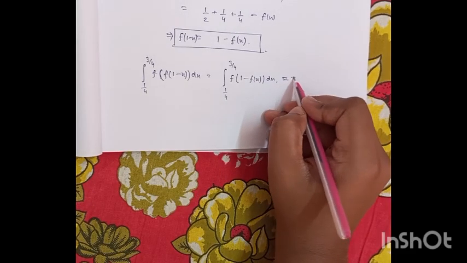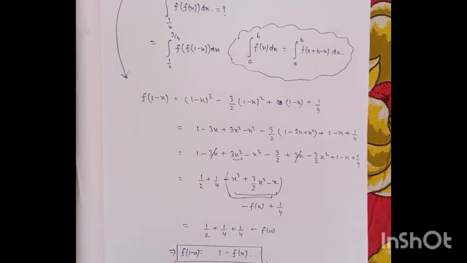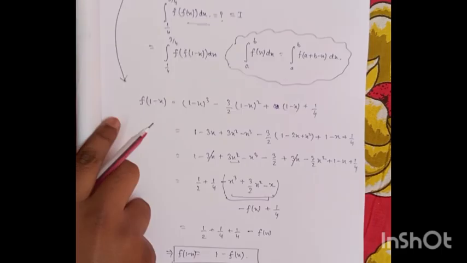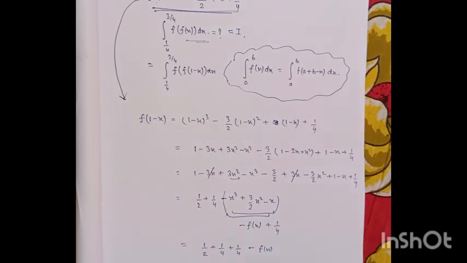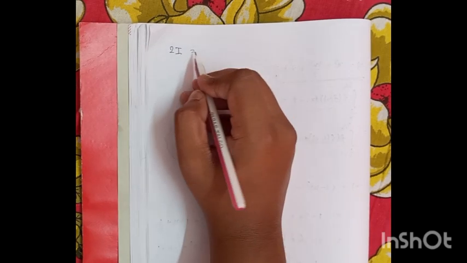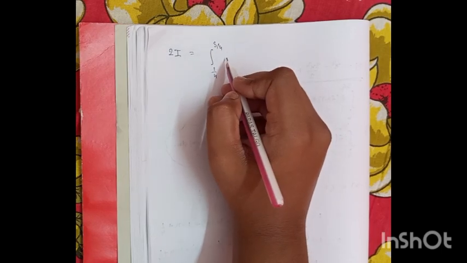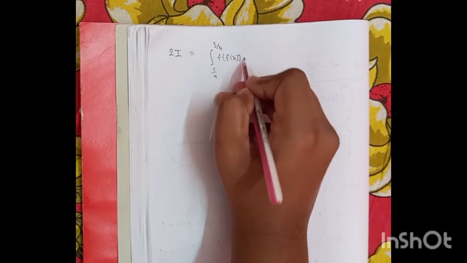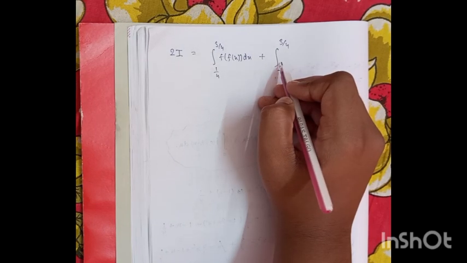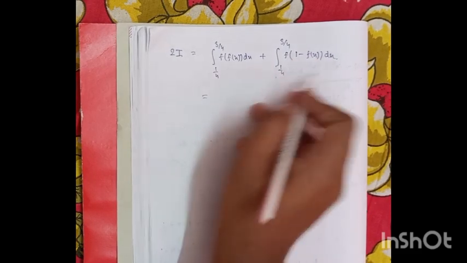Let us call this integration as I. And as this integration is same as this integration, let us also call this as I. So if we add the two I's, it gives us 2I is equal to 1 over 4 to 3 over 4 integration f of f(x) dx plus again integral 1 by 4 to 3 by 4 f of (1 minus f of x) dx.